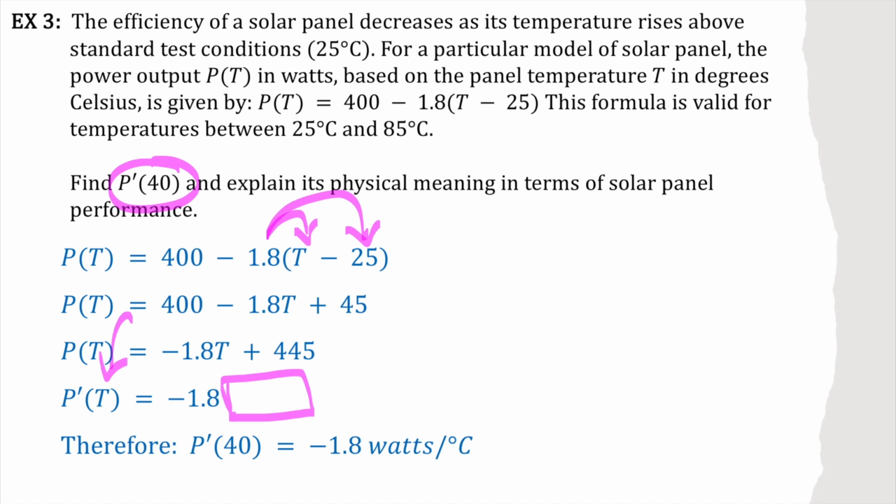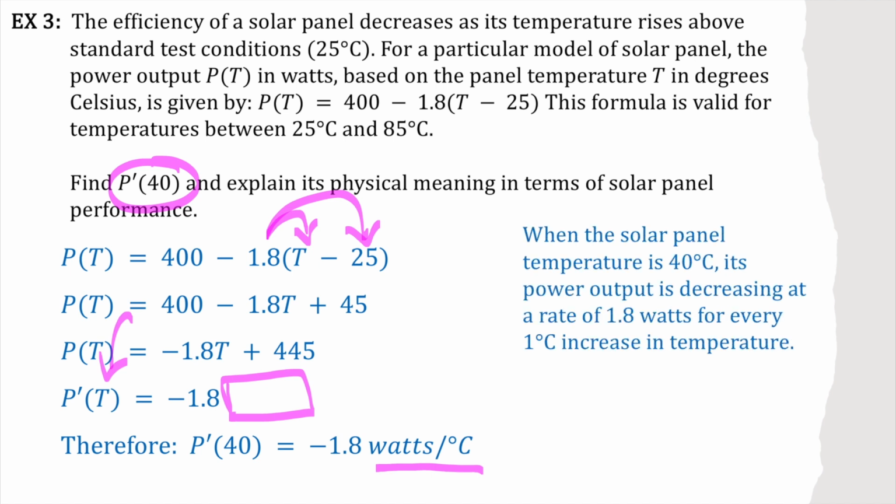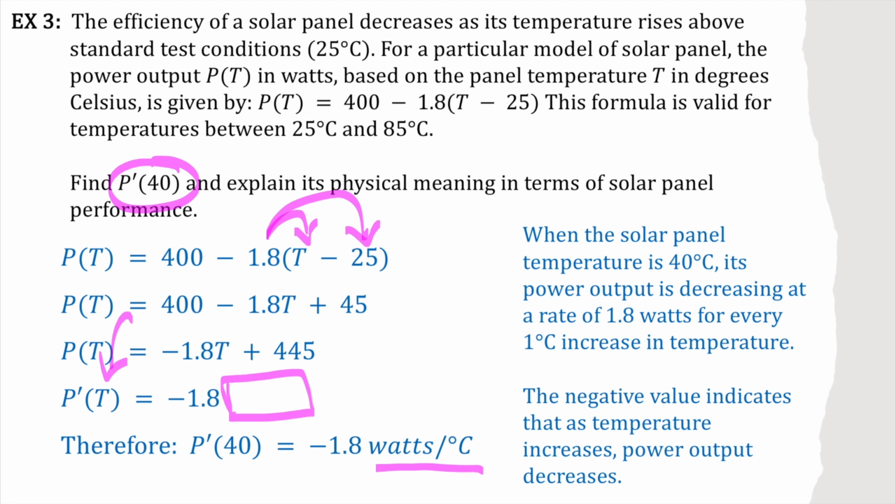A constant rate of negative 1.8 watts per degrees Celsius. Well, what does that mean in English? When the solar temperature is 40 degrees Celsius, its power output is decreasing at a rate of 1.8 watts for every 1 degree increase in temperature. The negative value indicates that as temperature increases, well, the power output decreases.